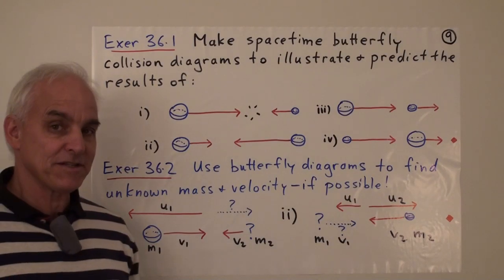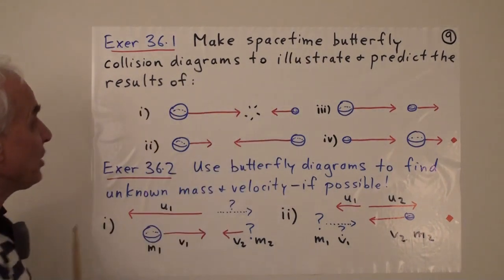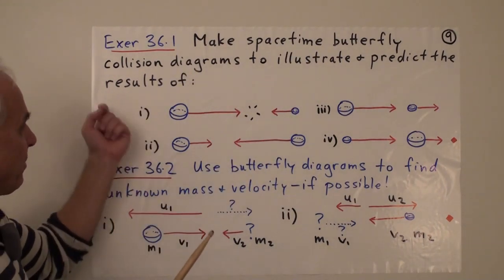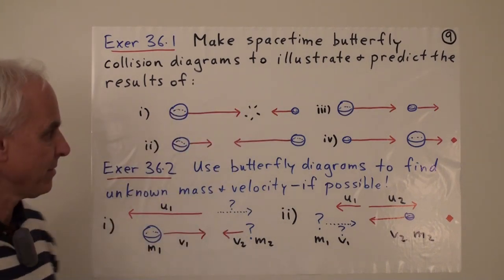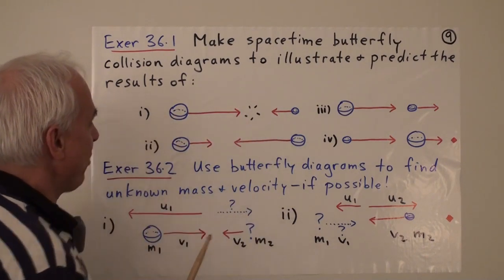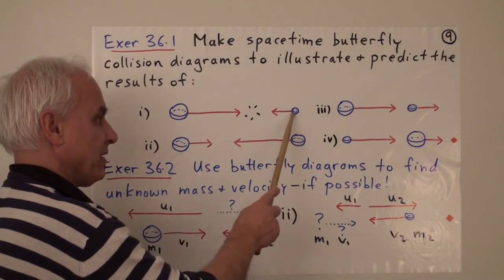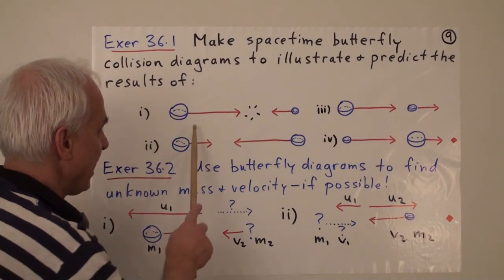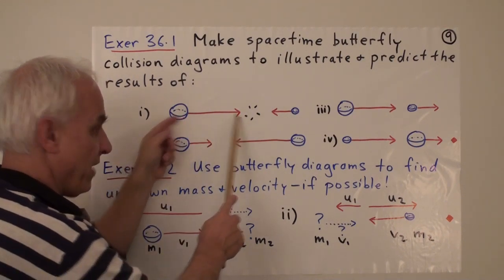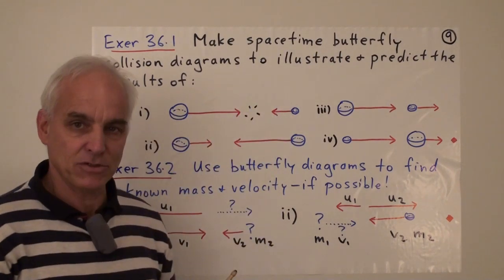So to give you some practice, exercise number 1 is to make space-time butterfly collision diagrams to illustrate and predict the results of the following collisions. So this diagram is supposed to mean that we have a relatively big mass and a relatively small mass over here. And this relatively big mass has a velocity which is represented by this vector, basically going about twice as fast as that vector there.